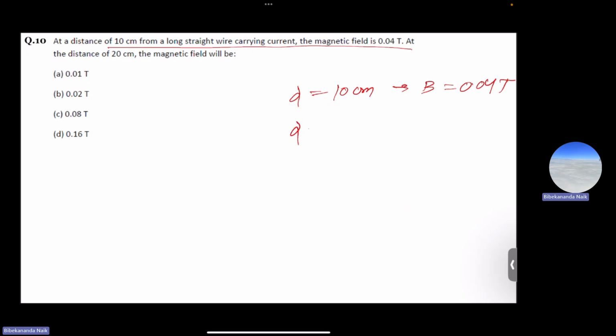Now when the distance is 20 centimeter, we need to calculate the magnetic field. The options are A 0.01 Tesla, B 0.02 Tesla, C 0.08 Tesla, or D 0.16 Tesla. I'll give you a few minutes to solve it and then we will discuss.